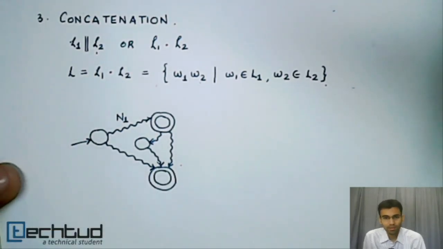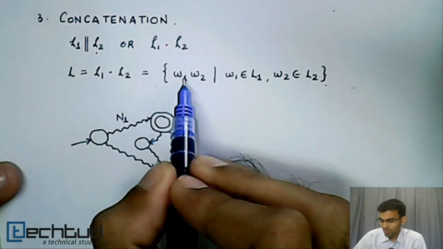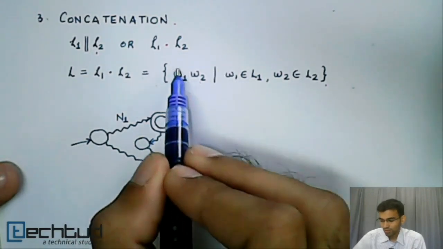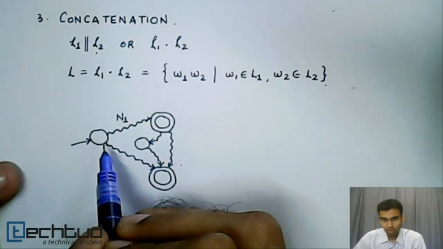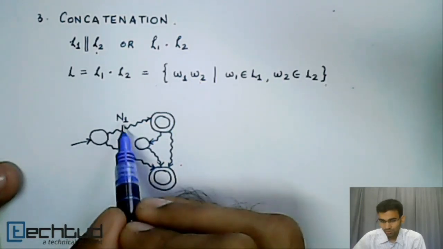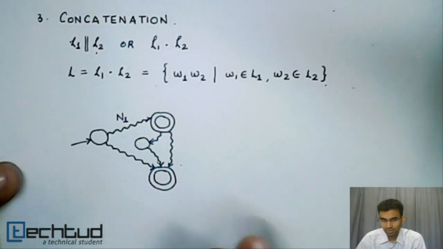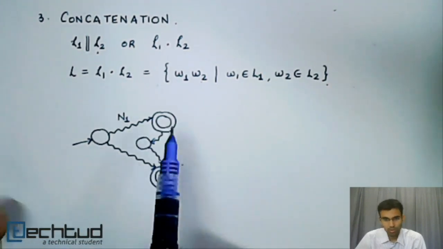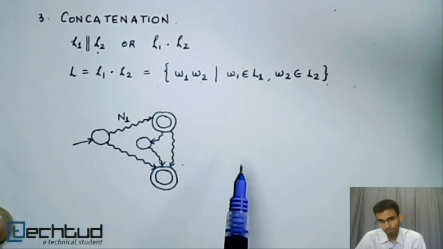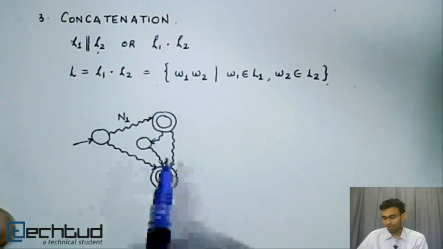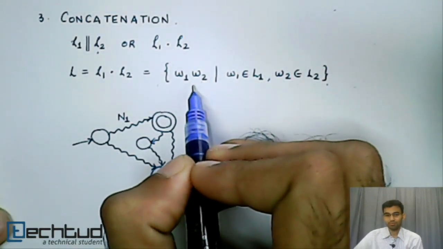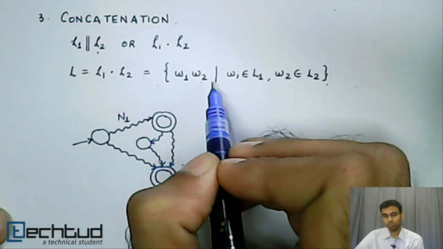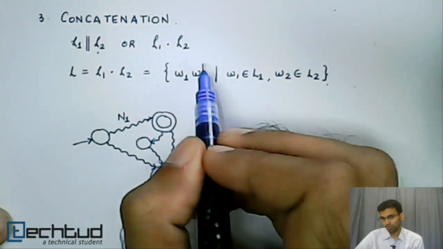N1. So on reading the first word W1, that is part of the concatenated word, we will have gone from a start state of N1 to one or more of the final states of N1. Now, having ended in a final state of N1, we next have the string W2, which is part of the overall string.